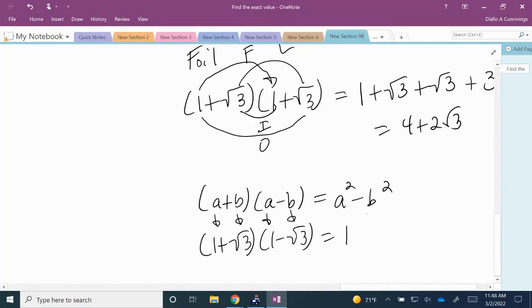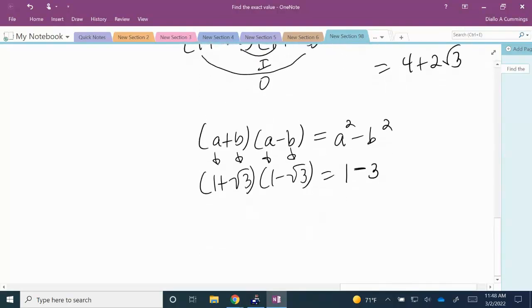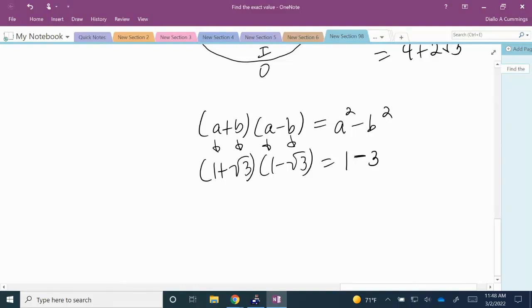I can substitute b for the square root of 3 in the formula. So the square root of 3 squared, the square root and the square cancel. I'm going to bring down my minus, however. I'm left with 3. So 1 minus 3 is negative 2. So our denominator should be negative 2.